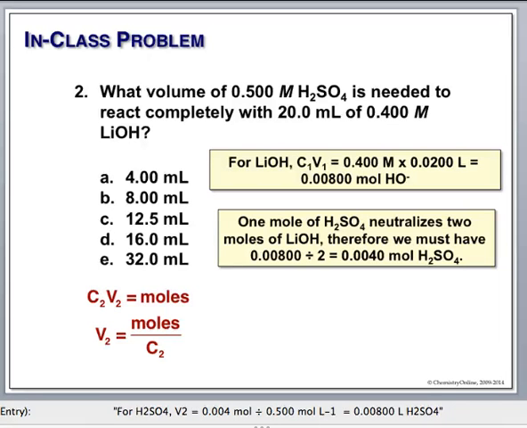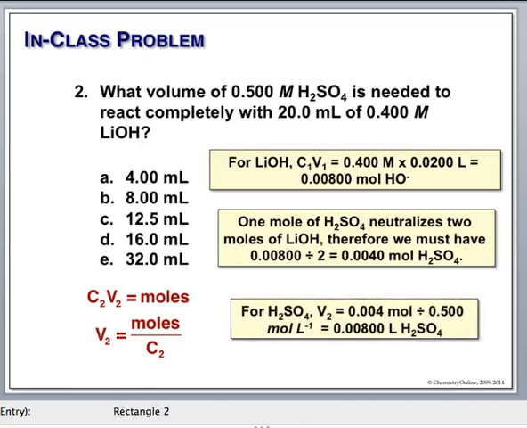Here I did this: concentration times volume is moles. Therefore, volume is simply moles divided by concentration. We know moles. We know a concentration. Our volume is 0.008 liters or 8 milliliters.